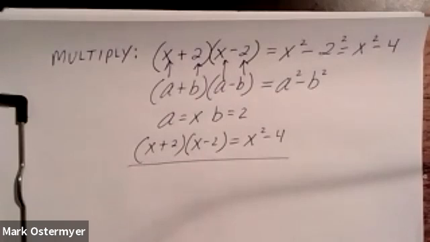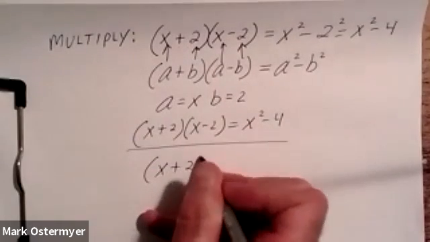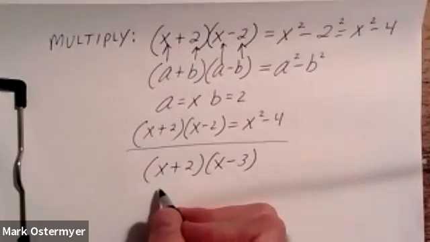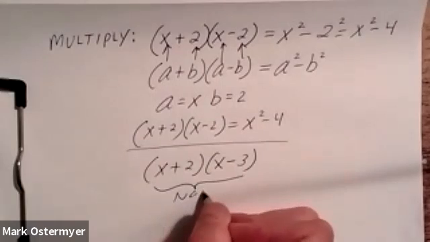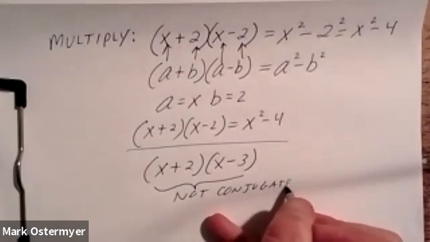Okay, that makes sense. I have a question. Yeah, go ahead. So you said the 2 is B. Would it be different if you had another number in the second set of parentheses, like a 3 right there? Oh, if we had this scenario like x plus 3 times x minus 2, these are not what? These are not conjugates of each other. And because of that, you cannot use this pattern.